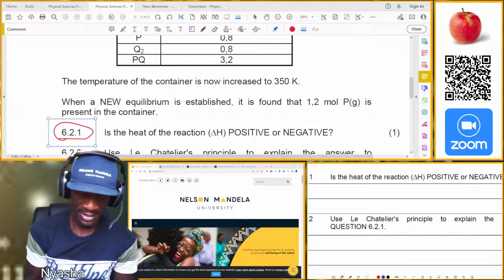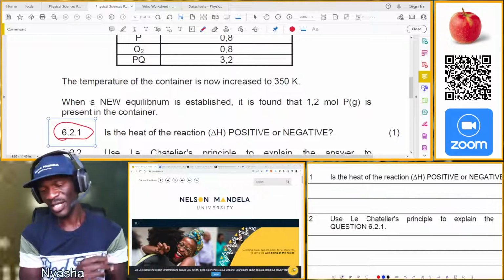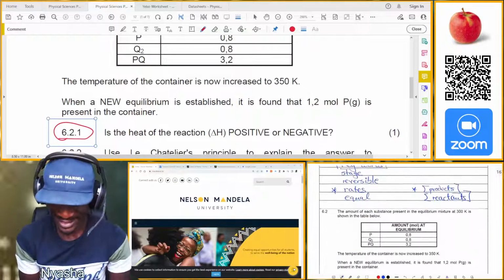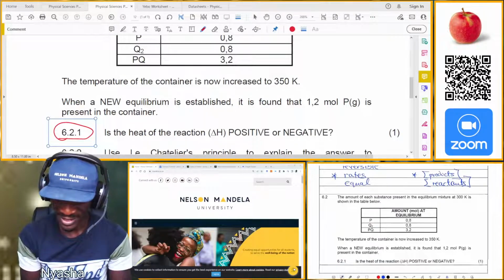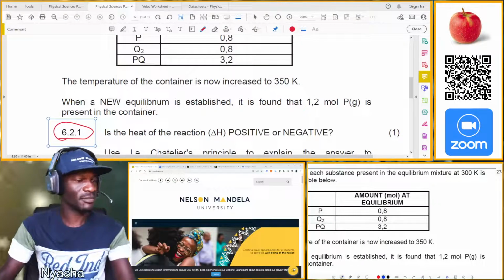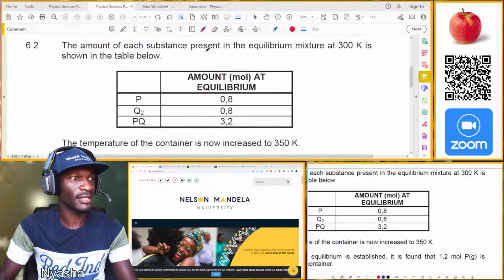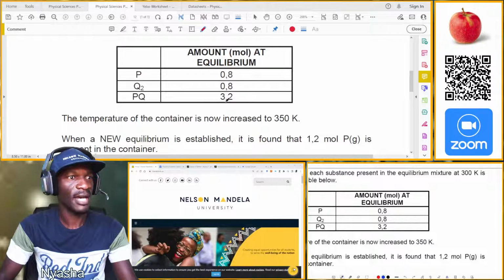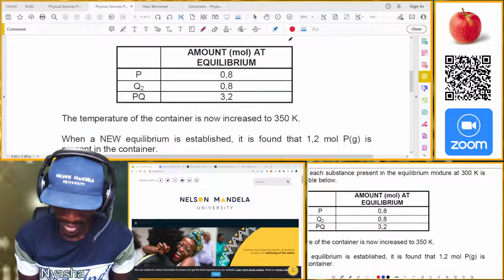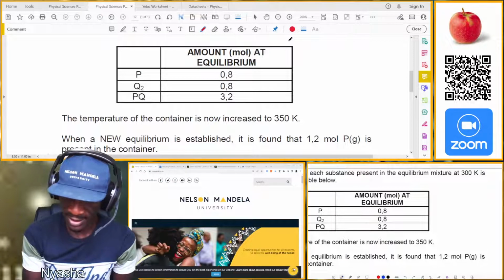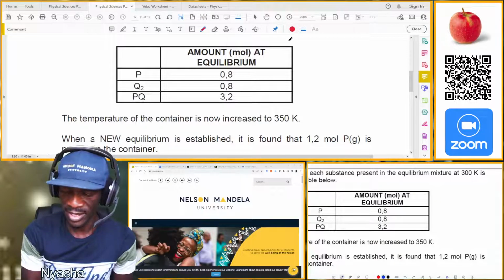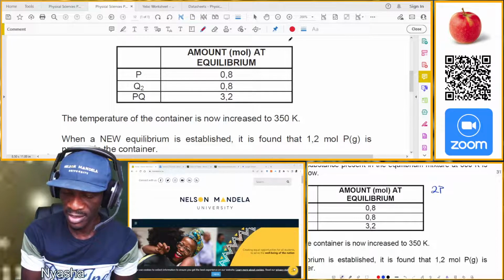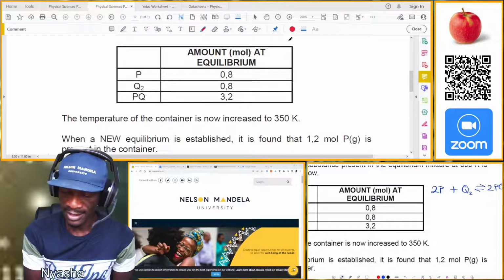Since they want us to just write the answer here, let's reason it out elsewhere. This is where we can start. We can use the information provided in the table and in this change that has been announced. So this is our chemical reaction. We have 2P plus Q2, which is reversible to form 2PQ.